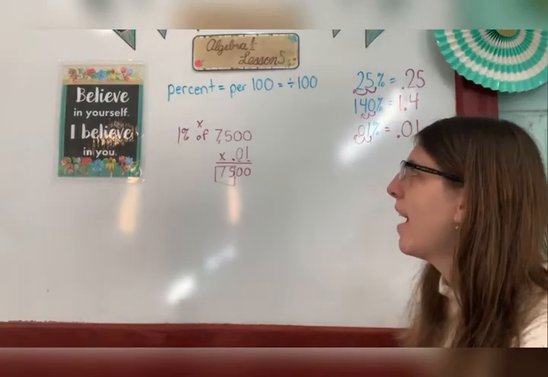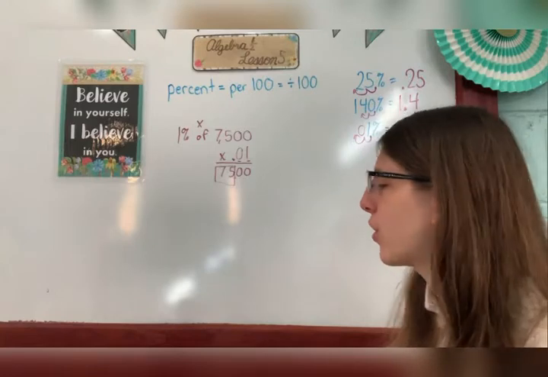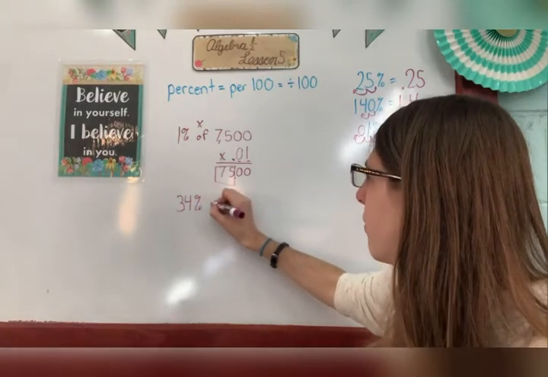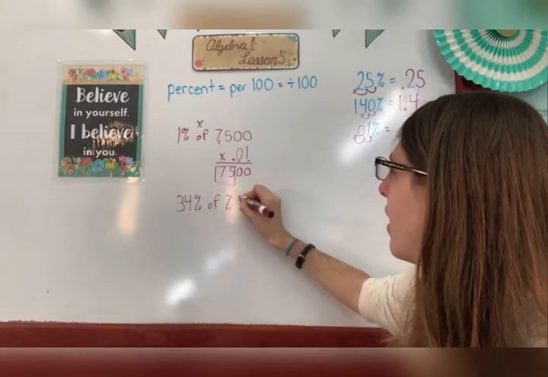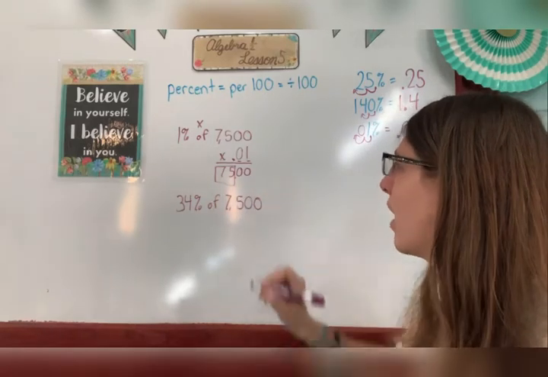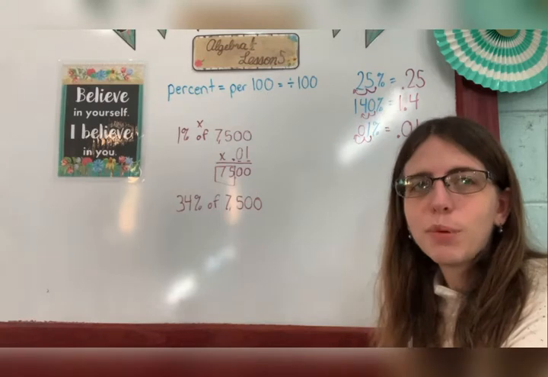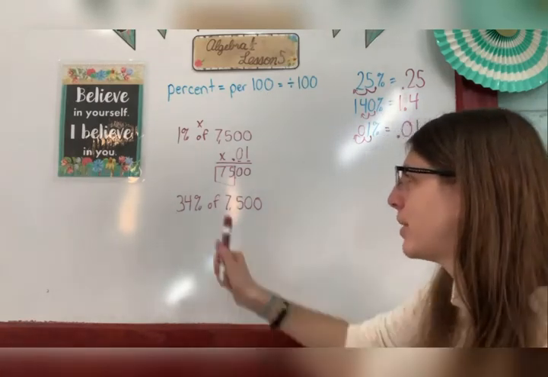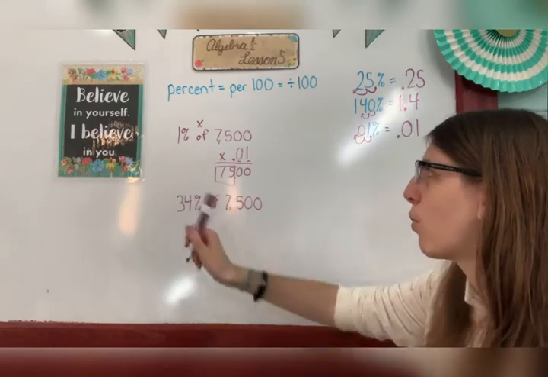All right, now what if I want to know 34% of 7,500? Now this is where I'm going to change from the book. Your book tells you that you can multiply your 75 times 34 because you have 34 1%.